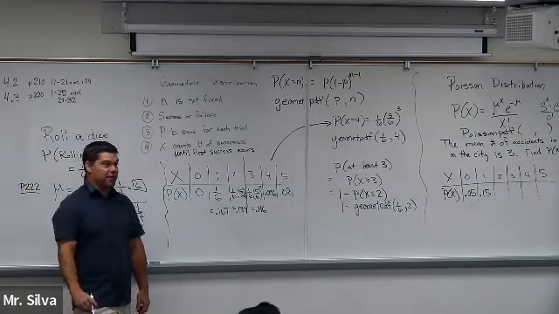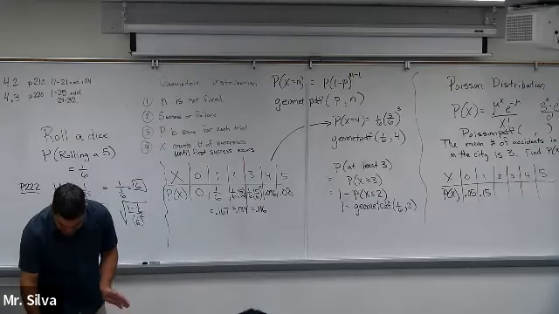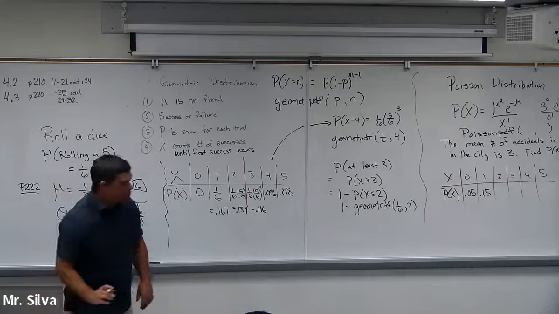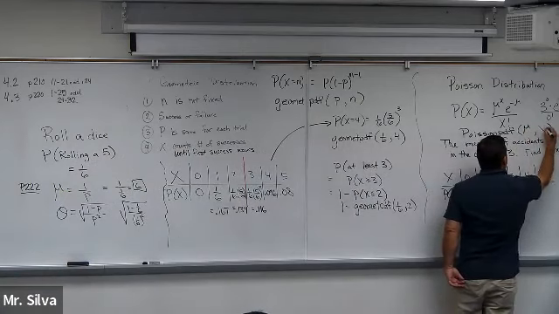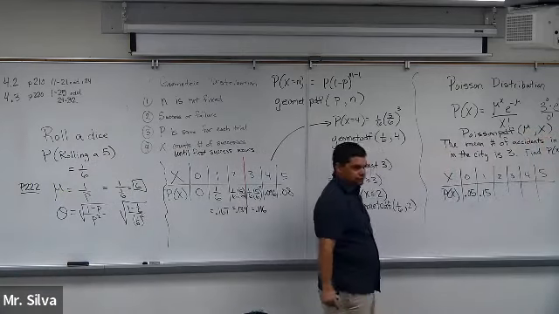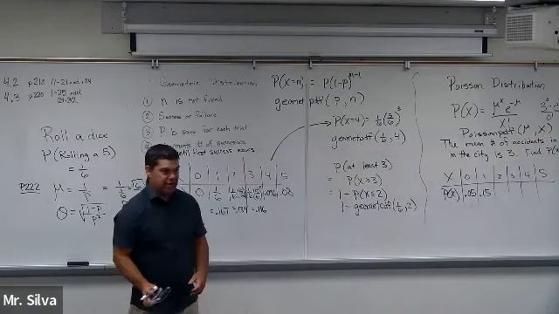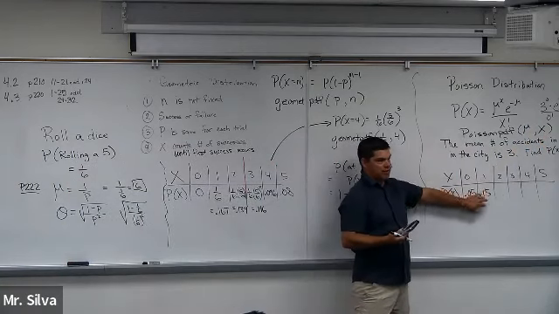This is exactly identical to problem number 3. It says the mean number of accidents per month at an intersection is 3. So it's very similar to example 2. We put in mu and then we put in x, and that does the formula for us. I'm just going to check for 1 right now.